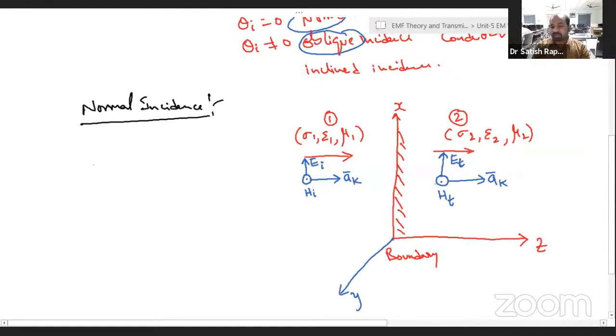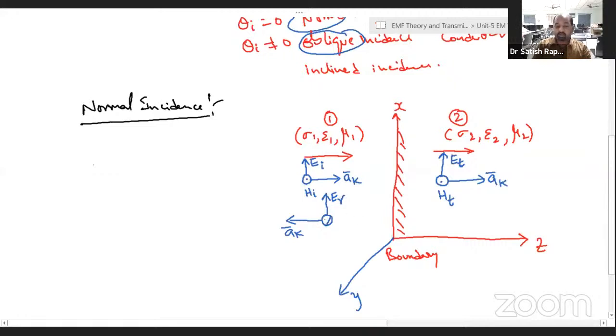So this is how we can represent the transmitted wave, and part of the wave reflects back. This is the direction of wave propagation, so the wave propagates in the negative z direction, and the direction of the electric field remains unchanged, E_R, the reflected electric field.